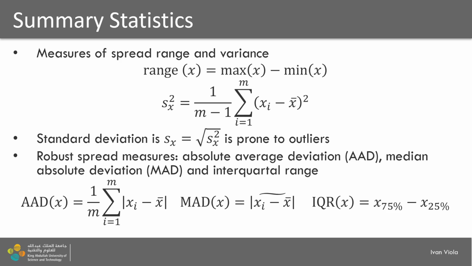That is characterized, for example, by the range. The range is simply the maximal value minus the minimal value for an attribute. That gives us the full range of values found in the dataset for a given attribute.